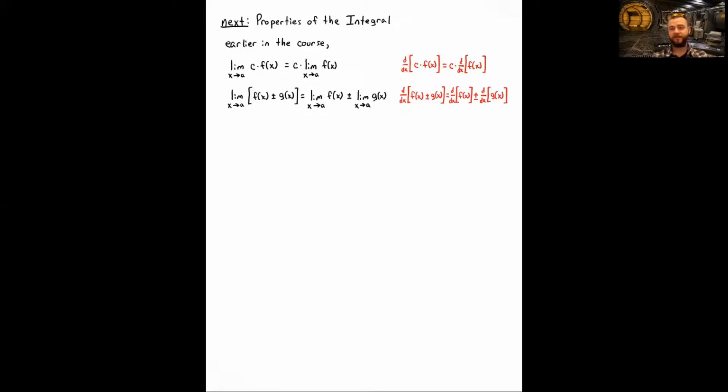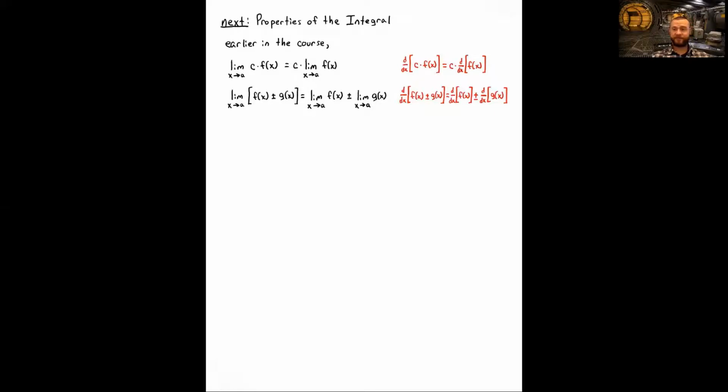Now, derivatives are central to differential calculus. What we're defining and learning about now, the definite integral, is central to integral calculus. And in fact, you're going to see that through the first part of Calculus 2. Now, why are we mentioning these properties of limits and derivatives? Well, we already saw earlier that definite integrals are defined as limits.